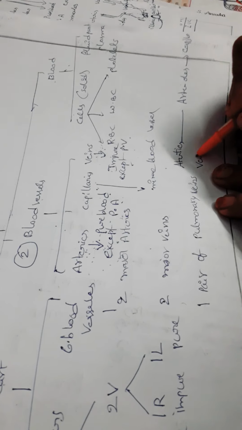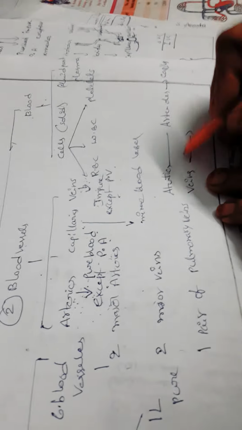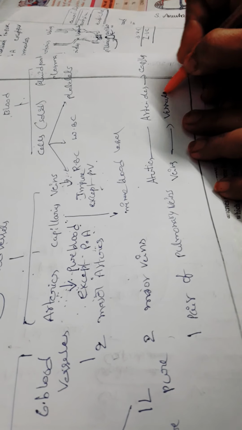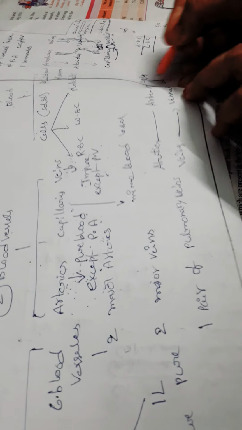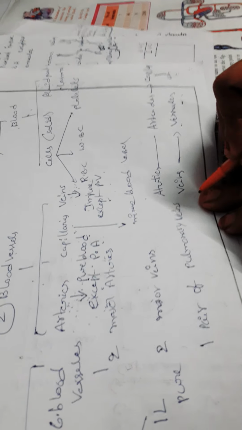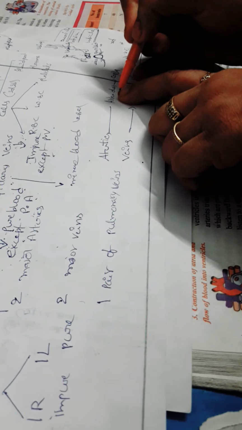Next, the veins. When the capillaries join, they form the venules, and these venules join to form the veins. That means the arteries carry the pure blood and distribute it to the arterioles, arterioles to the capillaries, and from the capillaries to the body organs.